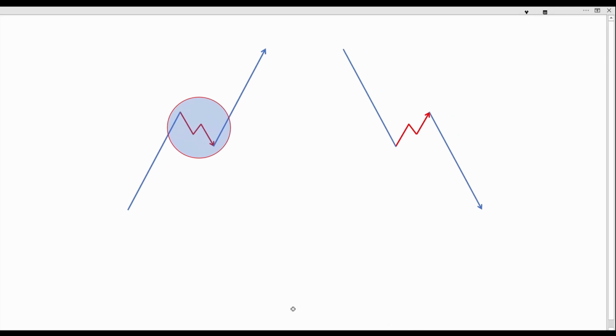Basically what this technique or this method is based on, we can see here clearly. We have an impulse and we have a correction here, but we are going to look mainly for a correction that has the structure of a two-leg pullback.